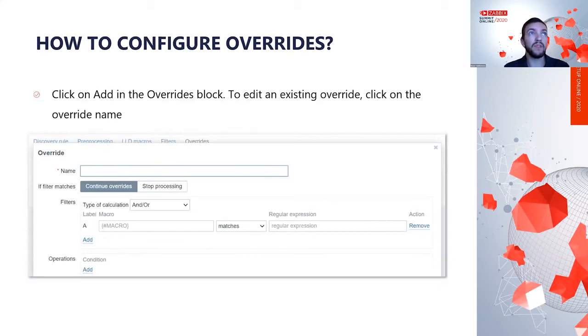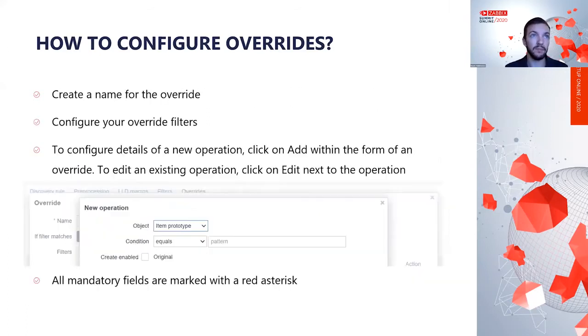The configuration of the overrides is also pretty straightforward. The form itself is very simple, with not a lot of settings, but it really depends on the order and the combination of the settings that you use, which will define your override.